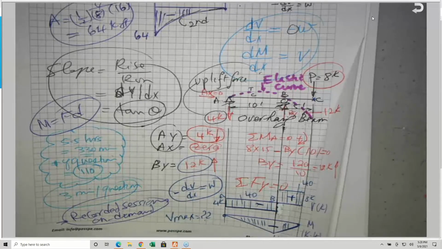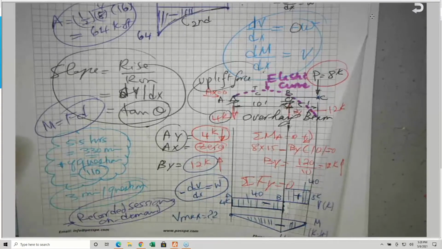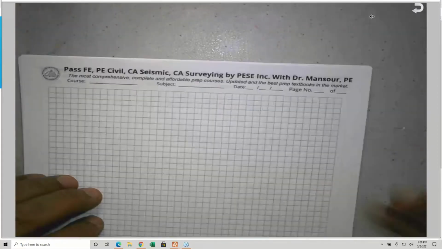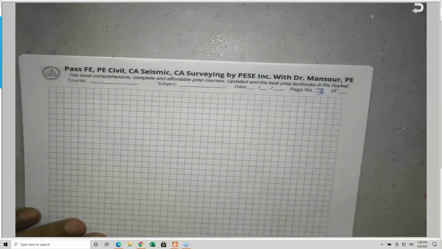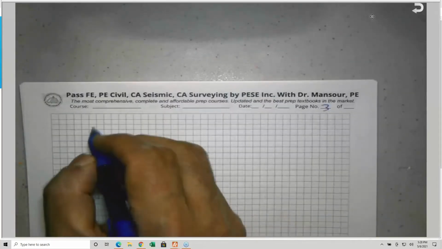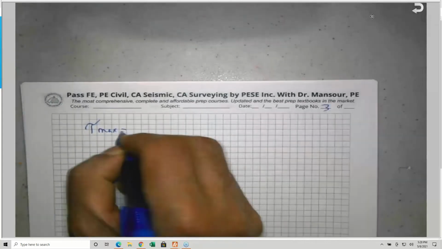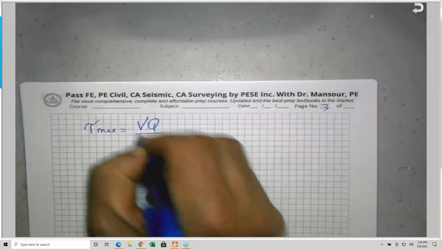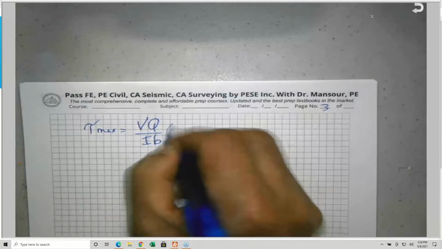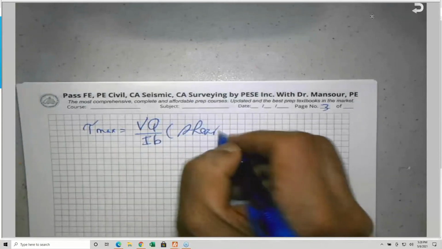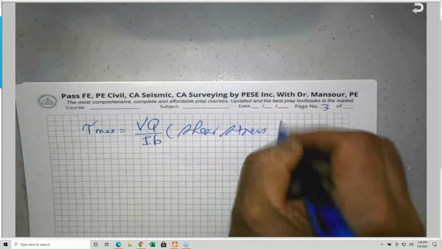we are going to calculate 2 types of stresses. They are coming. The first is tau max equal to VQ over IB, which is the shear stress due to bending.